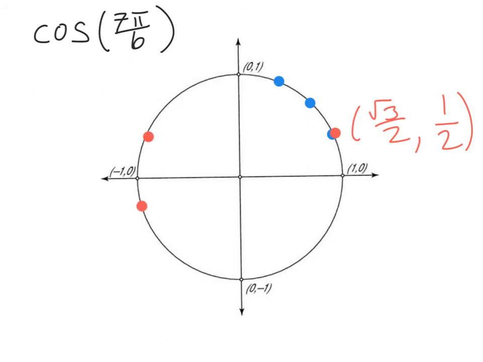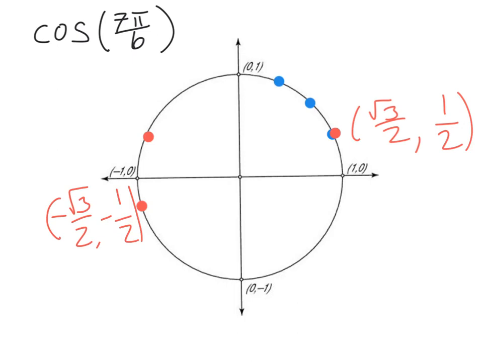Now over here and over here, these are going to be the same values, just different signs. And what are x and y in terms of their signs over here? Well, it's the negative x direction, and it's also the negative y direction. So negative for x, negative for y. That tells us that our points over here are going to be negative root 3 over 2 and negative 1/2.